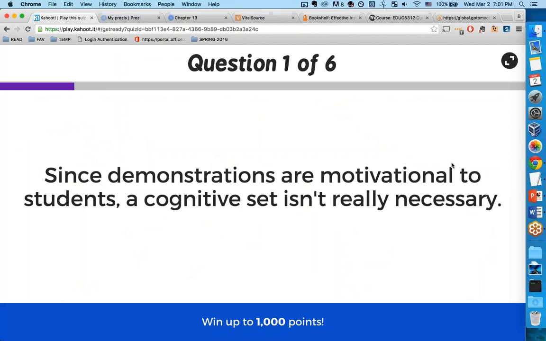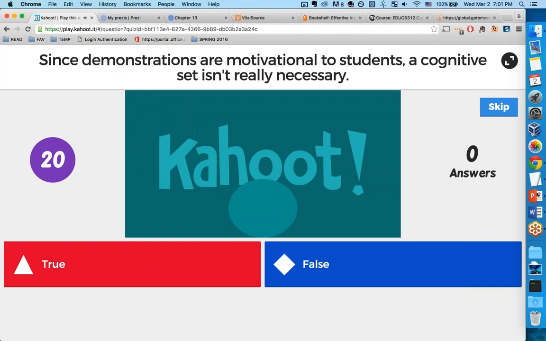All right, here's our first question. Since demonstrations are motivational to students, a cognitive set isn't really necessary. Is that true or false?